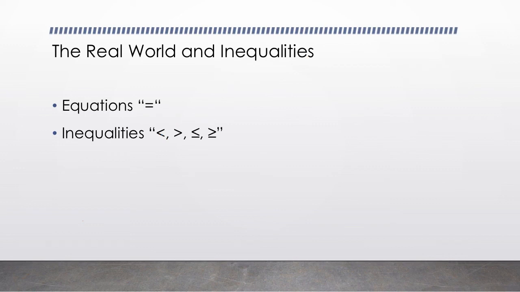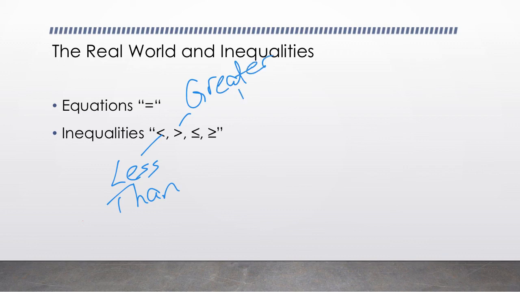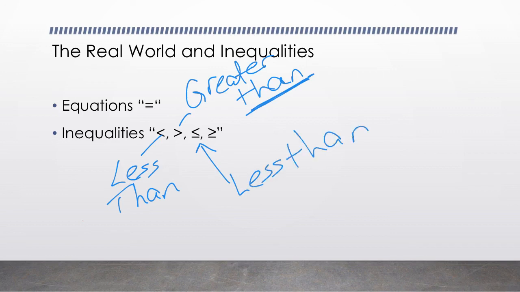We need to be less than, greater than. Notice I'm using THAN because we are comparing something. It is not THEN. Less than or equal to. Or greater than or equal to.